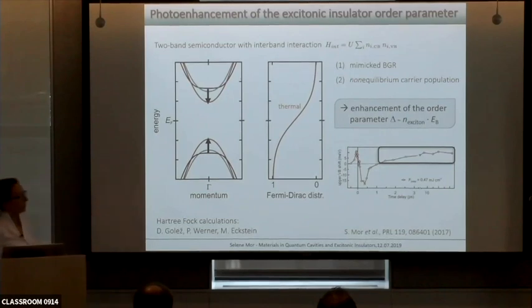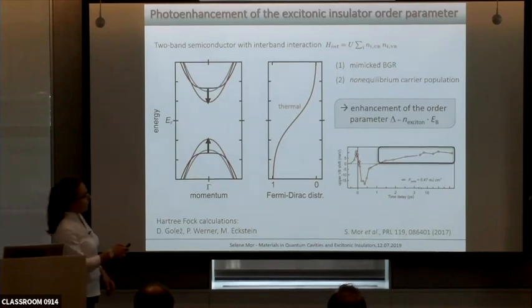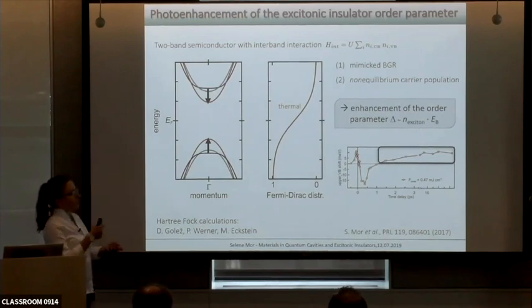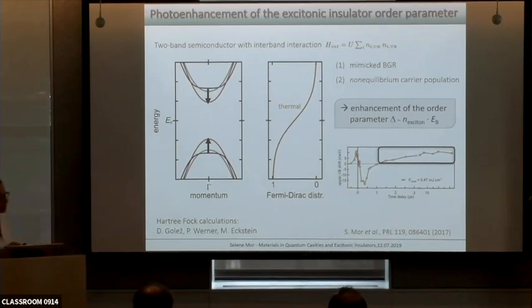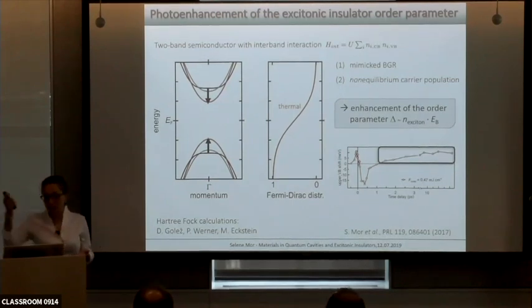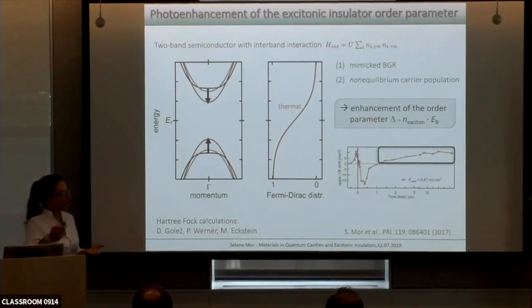So we believe that the comparison with the experiment and this relatively simple model allows us to extract two simple ingredients that can explain the widening of the band gap. The two ingredients are a band gap renormalization, which can bring the two bands closer to each other and make them more interacting, and the presence of a non-thermalized population which prevents the temperature of the condensate from exceeding the melting point.